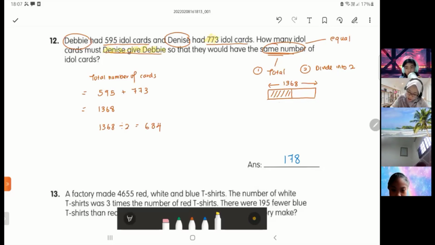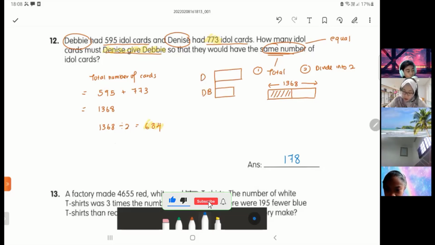Now I want to know how many Denise must give Debbie. Denise actually has 773. I want it to become 684. So Denise is actually more than what the equal number is. If I were to draw a model, Denise and Debbie, this is Debbie. If I want to compare, Denise is a bit more than Debbie, and Debbie is a bit shorter, like this.